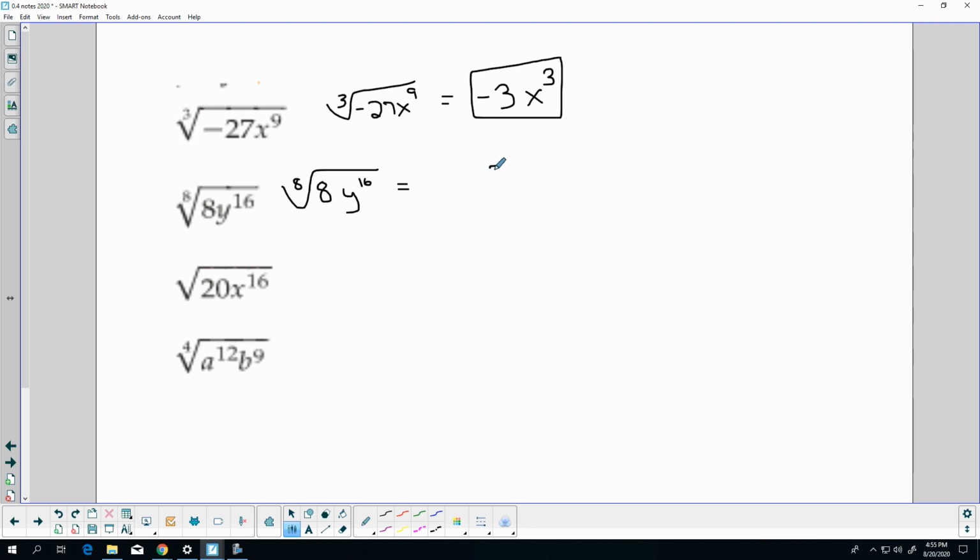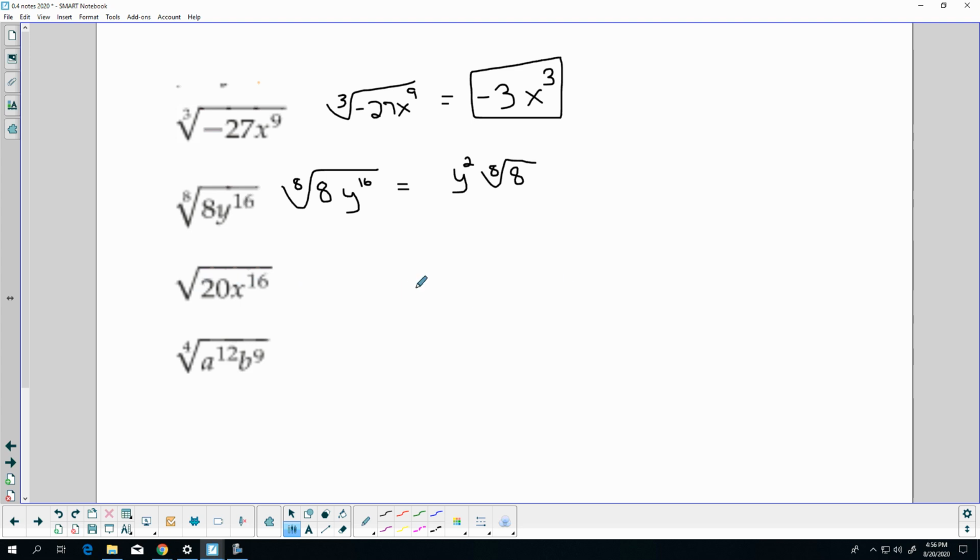So I'm going to leave that 8th root of 8 underneath the radical. Now I'm going to look at my variable. 8 goes into 16 2 times. Technically, we should have absolute values around those. We're not going to worry so much about that in this course right now.